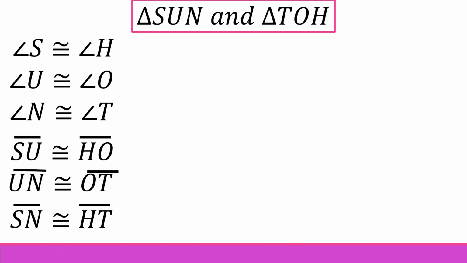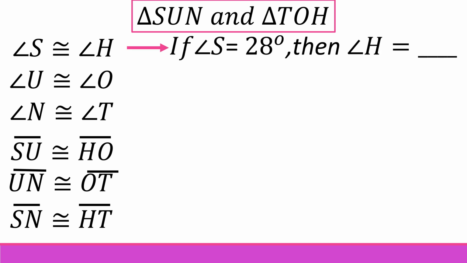Considering that angle S is congruent to angle H, and if angle S is equal to 28 degrees, then what is the measure of angle H? So it is also 28 degrees. Why? Because angle S is congruent to angle H. So if angle S measures 28 degrees, then definitely angle H also measures 28 degrees because the two angles are congruent.